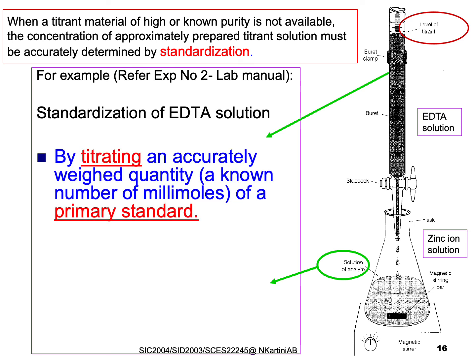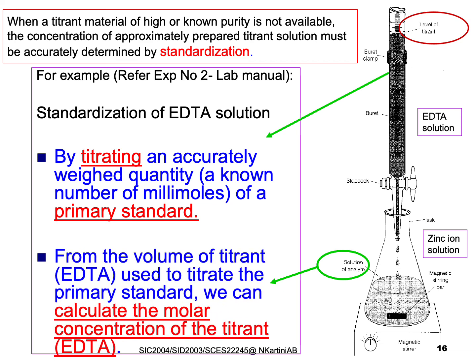The primary standard is added in this conical flask, so the granular zinc that you prepared in solution form is added in this conical flask, and then the EDTA we add in the burette as a titrant.